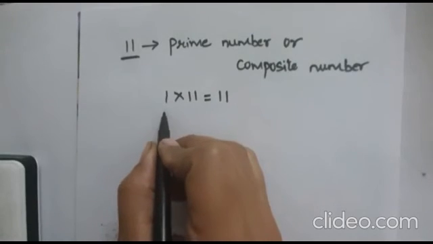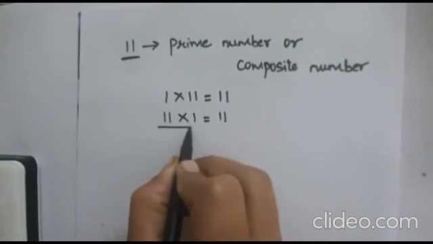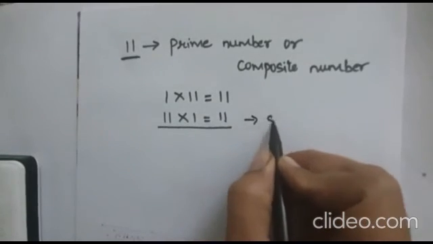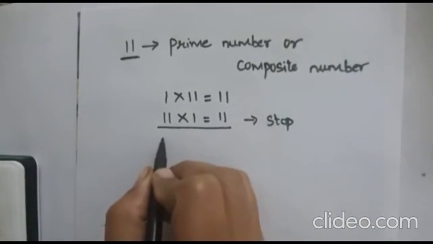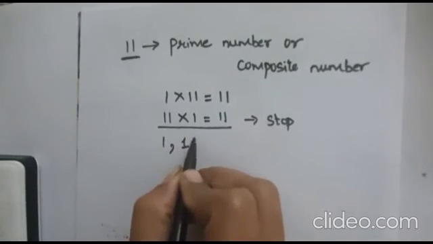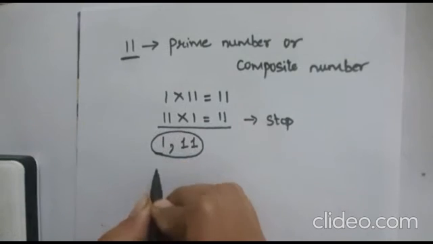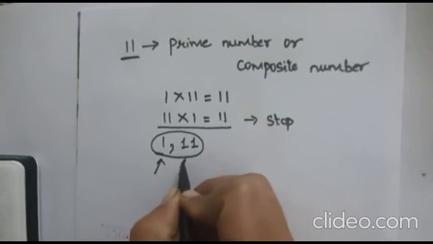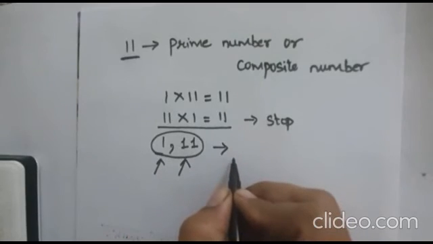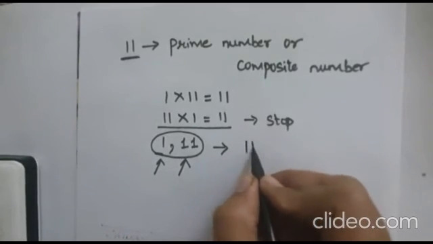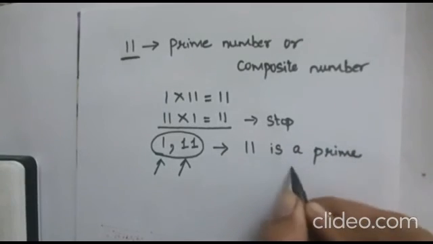Yes, only 11. So now the repetition occurs, so we will stop here. So what are the factors of 11? 1 and 11. There are only 2 factors, that is 1 and the number itself. So we can very easily say that 11 is a prime number.